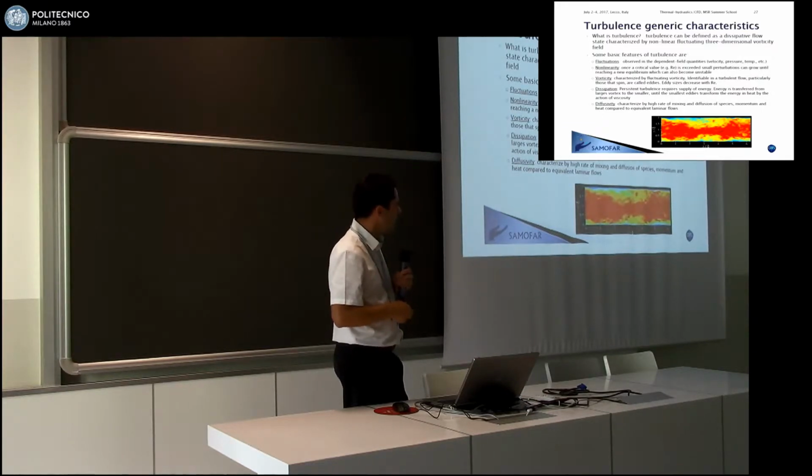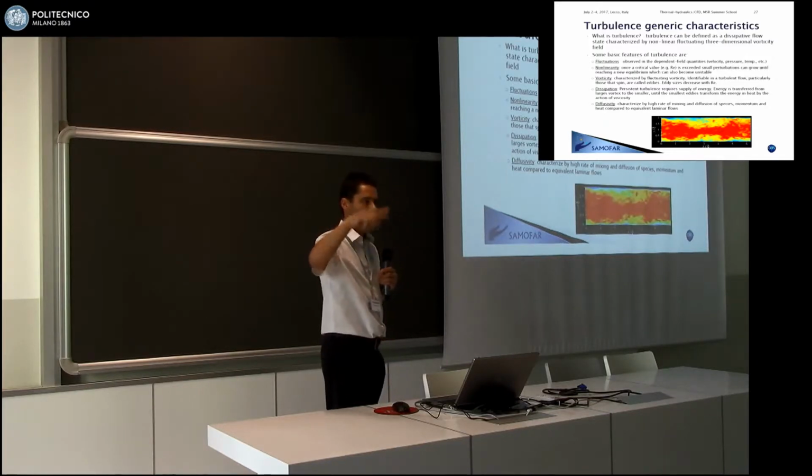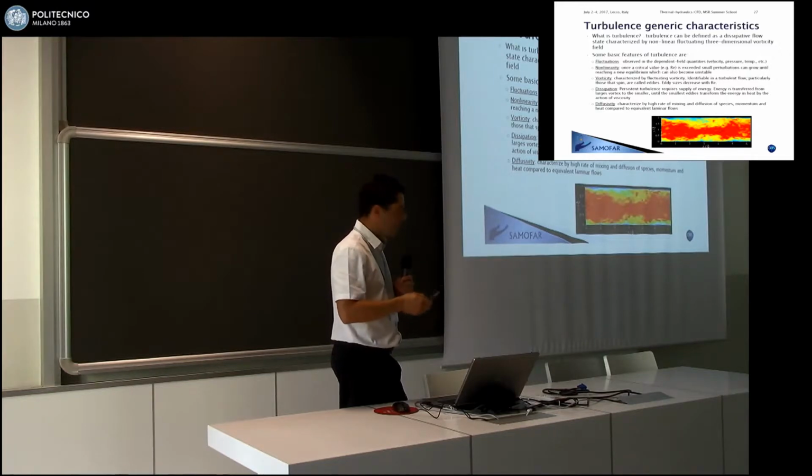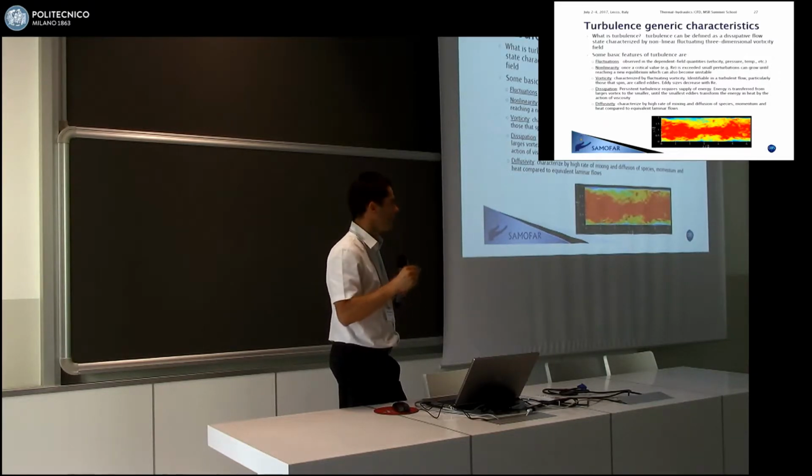So basically, the energy from the large eddies, the large vortices, will be transferred to the smallest ones. And the dissipation of that energy actually will happen at very, very small vortices, which, because of the size and the velocity that they have, will basically dissipate the kinetic energy and transform it into thermal energy, which is very, very small.